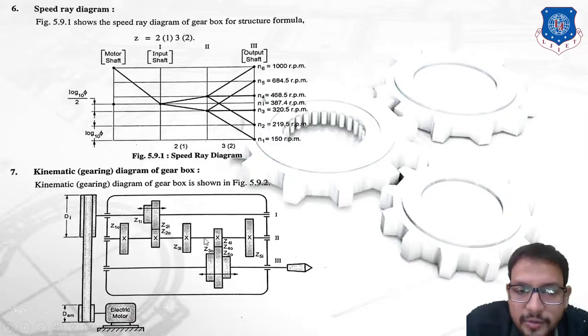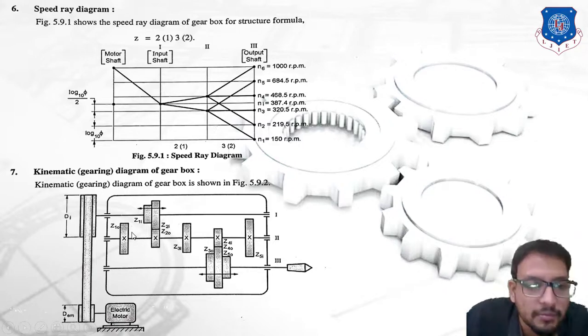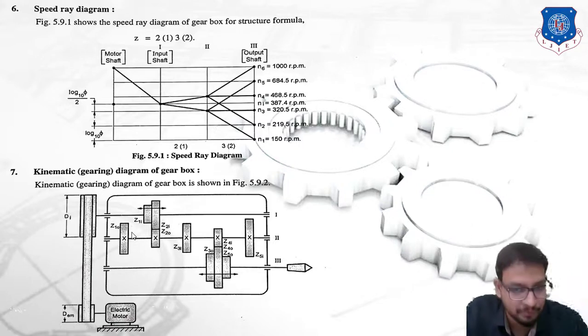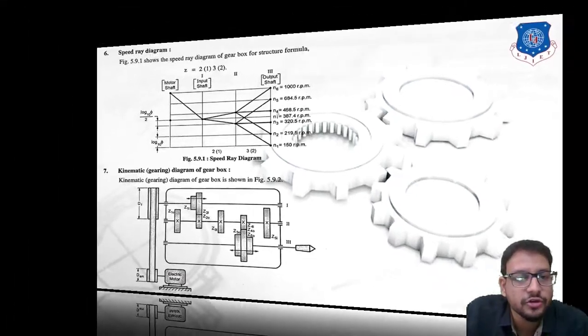On our intermediate shaft, in meshing with the output shaft, there are three gear pairs. So Z3I will be in meshing with Z3O. Similarly, Z4I will be meshing with Z4O, and Z5I will be meshing with Z5O. Remember, Z is the number of teeth on each gear. Now let us proceed further.